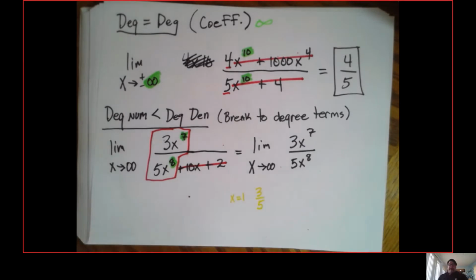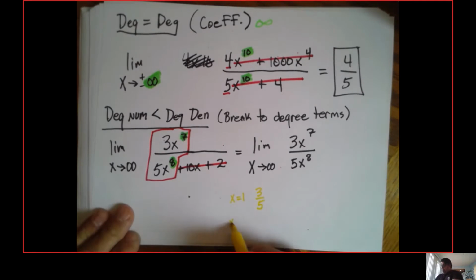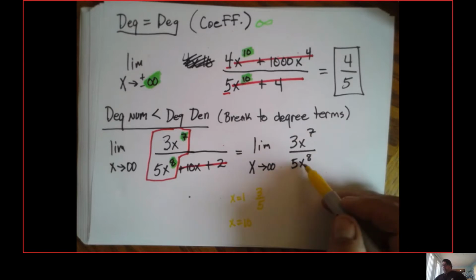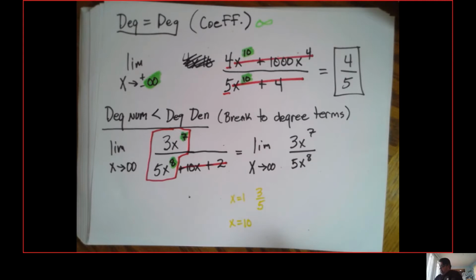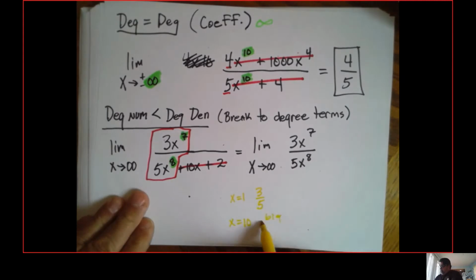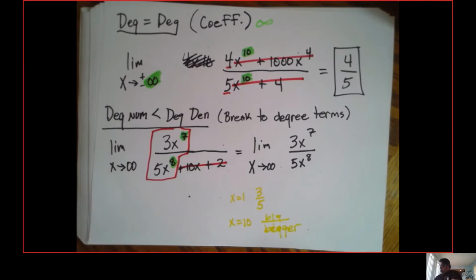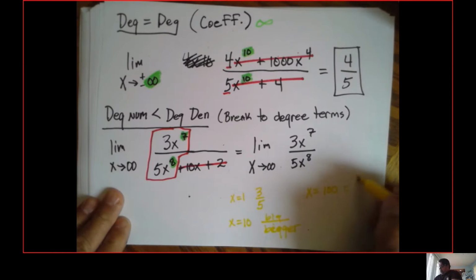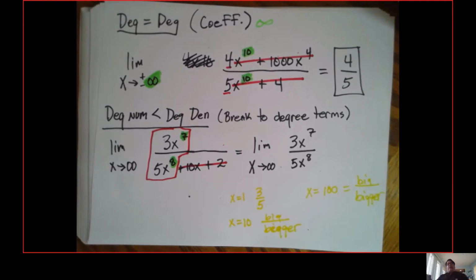This is mental. As x approaches 10, well, 10 to the 7th is going to be some big number, and this is going to be an even bigger number. So I'm going to get a big number over an even bigger number. X is equal to 100, I'm going to have still a big number over an even bigger number. Anytime you have the bigger number on the bottom, you're going to 0.